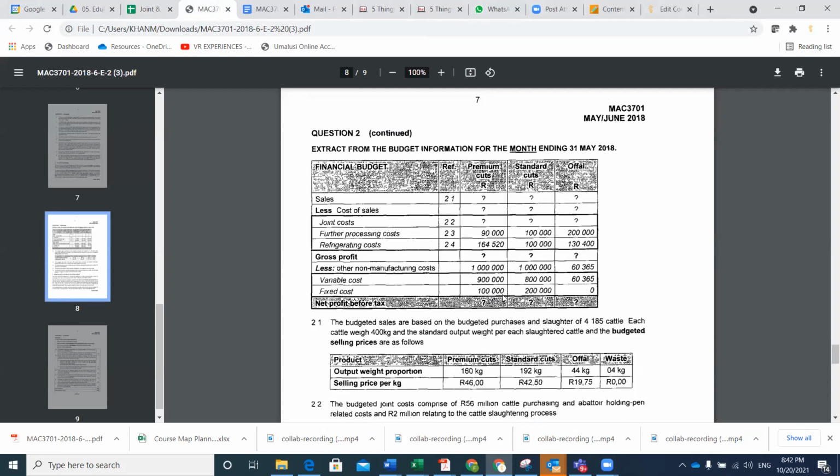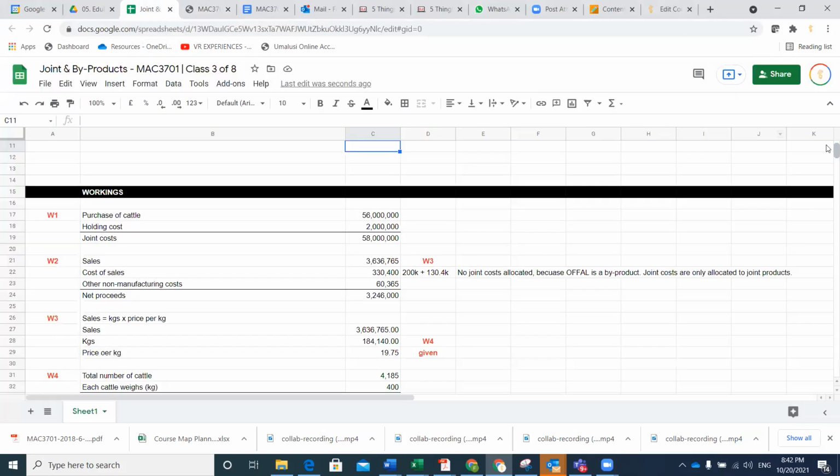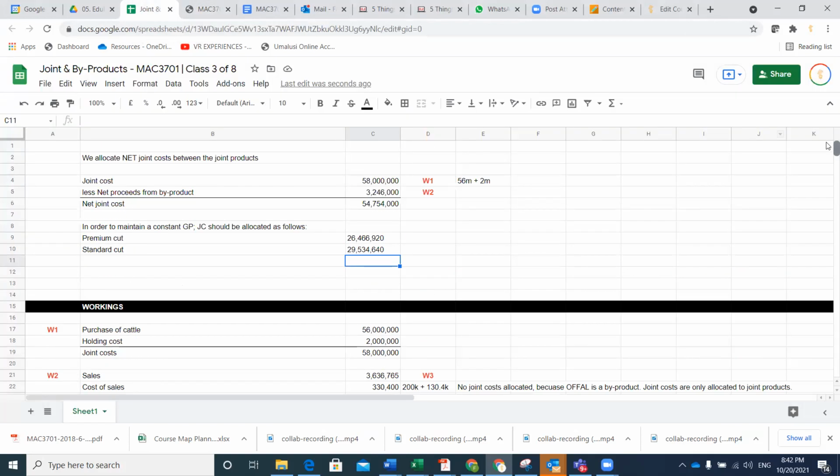And by getting the net profit that we want, it implies that the GP has to be the constant GP that they expect. We don't know what the constant GP is, but it implies that it has to be in check.